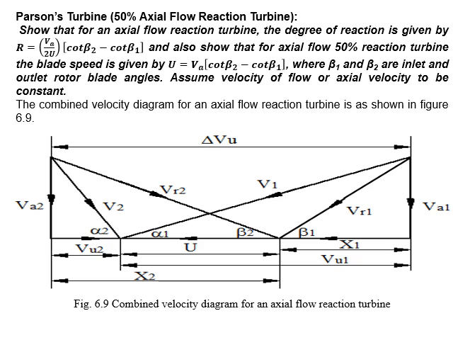So according to the given data, V_A1 at inlet equals V_A2 at outlet, and delta V_U represents the summation of V_U1 as well as V_U2.